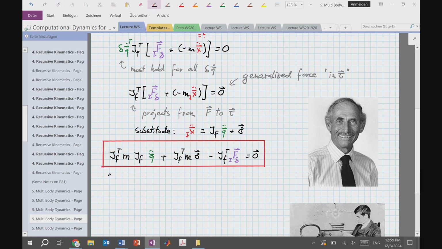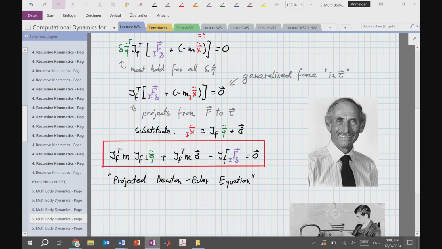This is called the projected Newton-Euler equation. This is actually only a projected Newton equation because we just thought about linear accelerations.